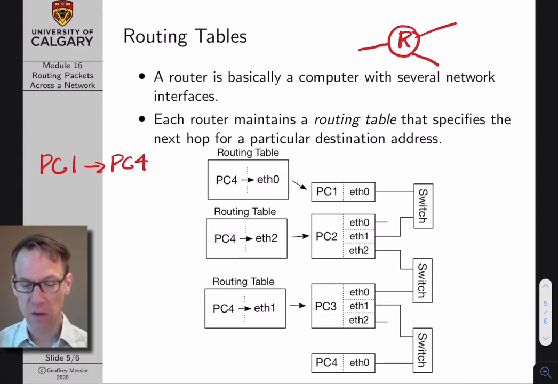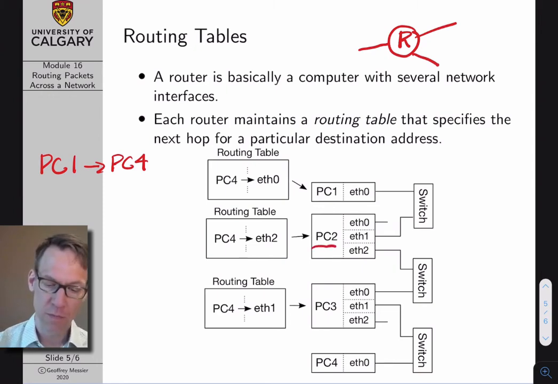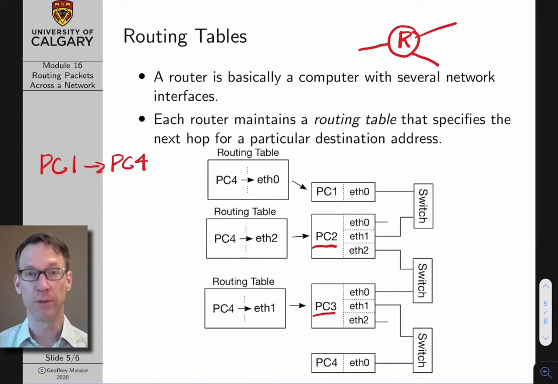And PC1 is not directly connected to PC4 like we had with the MAC algorithm discussion. And so we have to send the packet, in this case, through 2 intermediate nodes, PC2 and PC3. So PC2 and PC3 are essentially the router nodes for the purposes of this example.